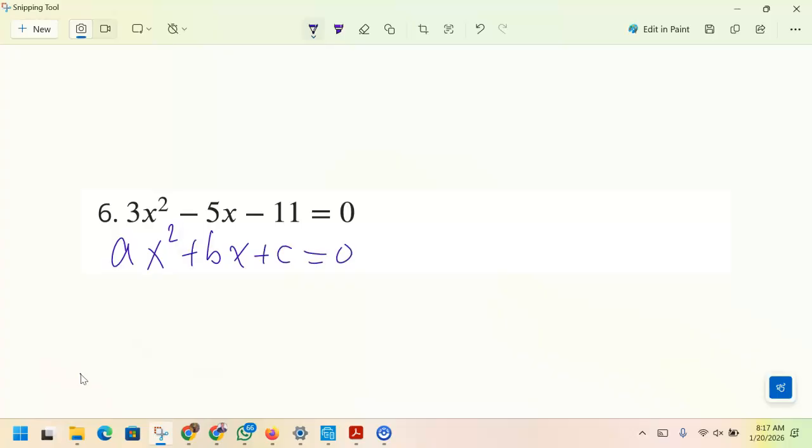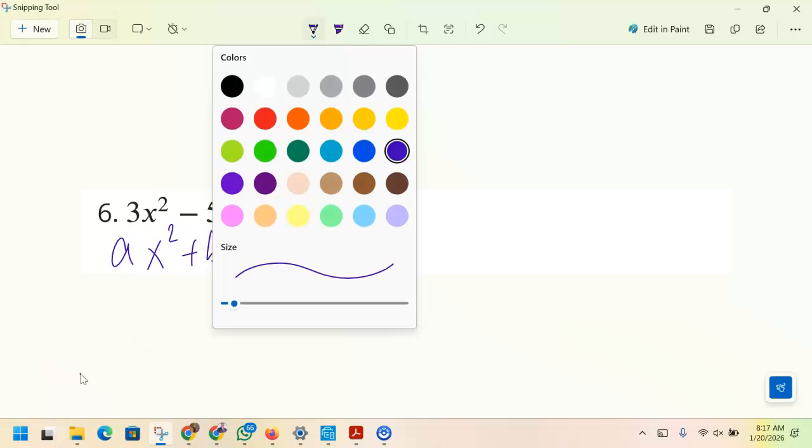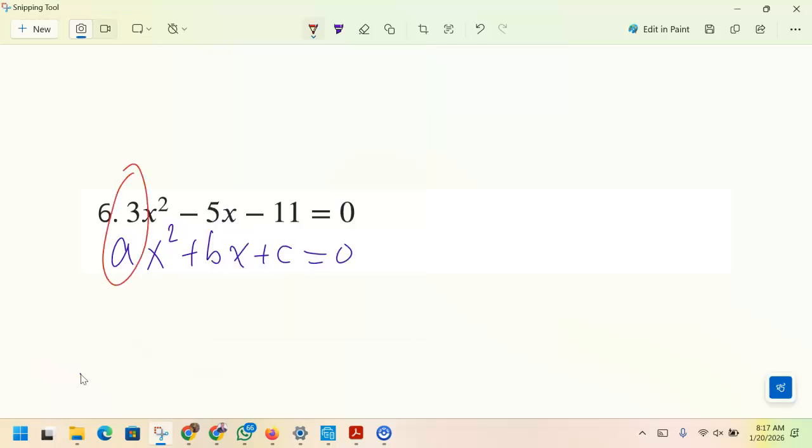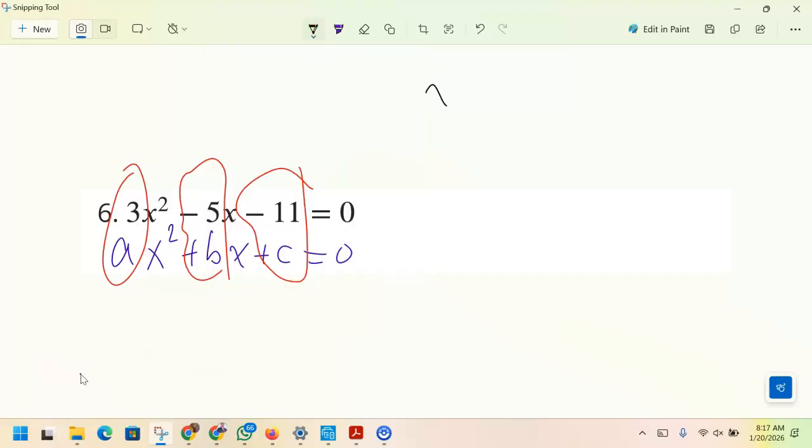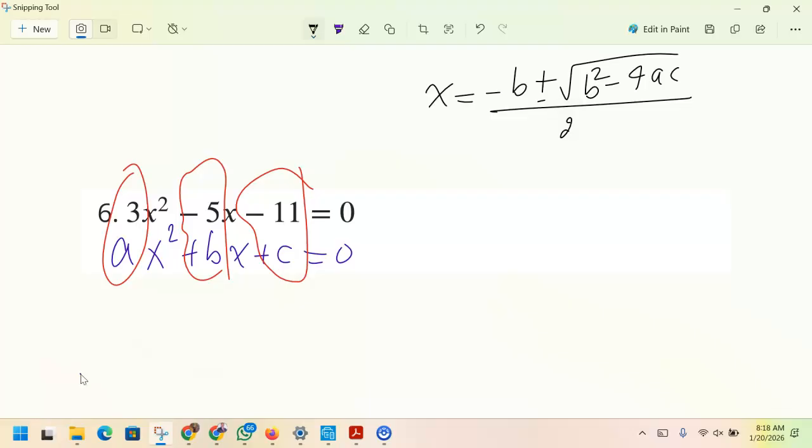Your first step is you figure out what A, B, C are. If you look at this, A is 3, B is -5, and C is -11. All you do is write the equation for the quadratic formula, that is minus B plus or minus the square root of B squared minus 4AC, over 2A. This is the formula, and plug in the values. So minus B, and B is -5.